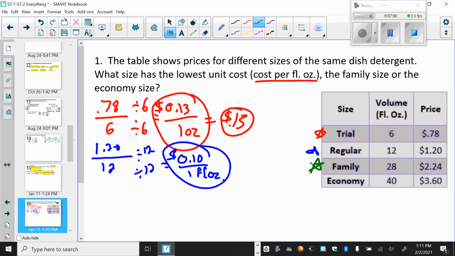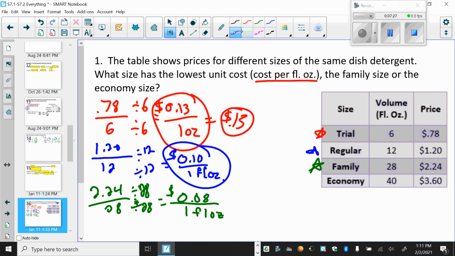Family here is going to be 2.24 divided by 28. If I divide both by 28, that's going to give me 8 cents per 1 fluid ounce.